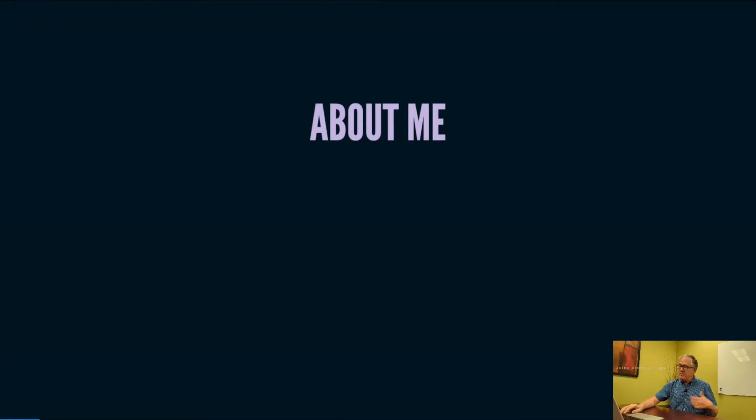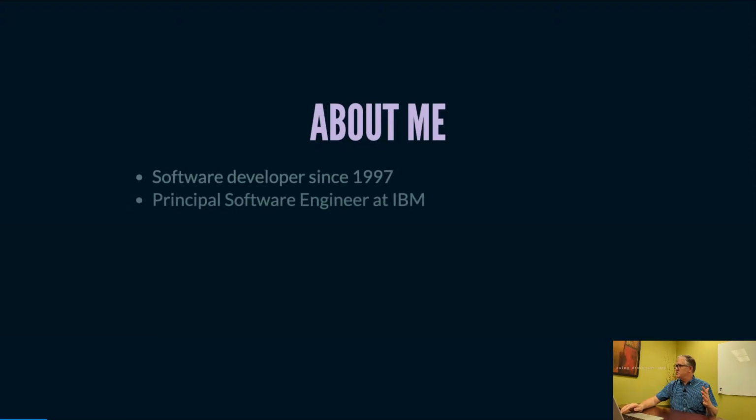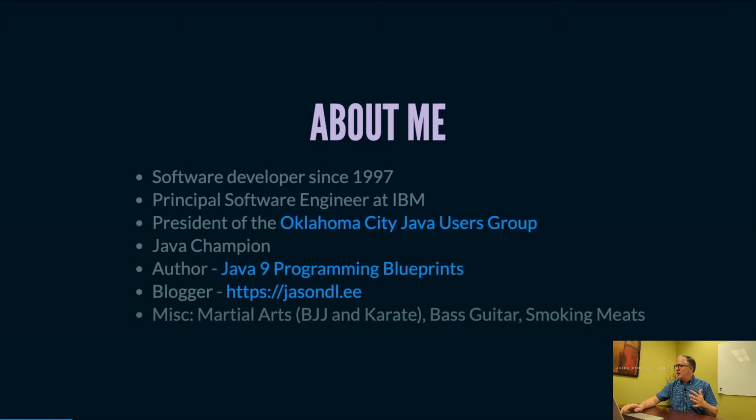So I think most of you have seen this slide, so I'm not going to spend too much time on it. But basically, I've done some things, I've written some things, and I do some things. So I can talk about any of those later if you want. I will say at the end, just because it's a terrible joke that I'm kind of proud of, that I enjoy scrapping, slapping, and smoking. So it's terrible.